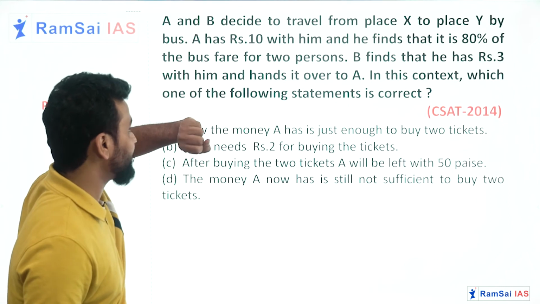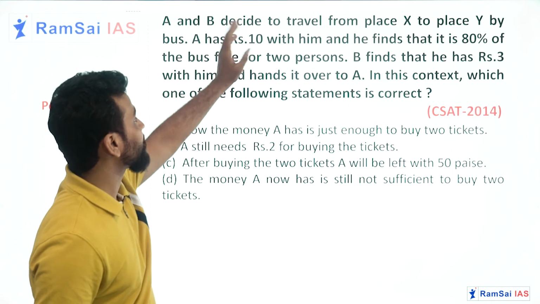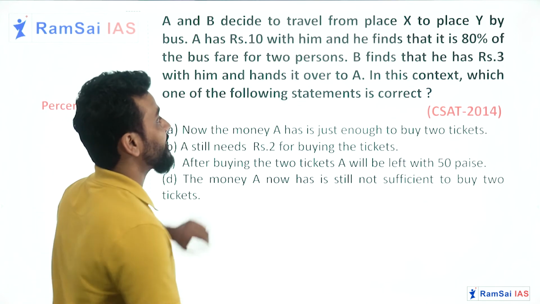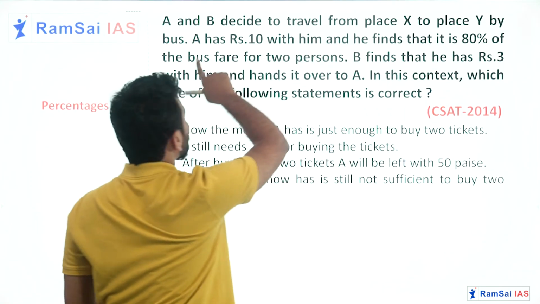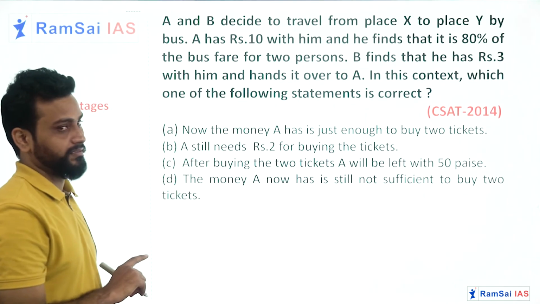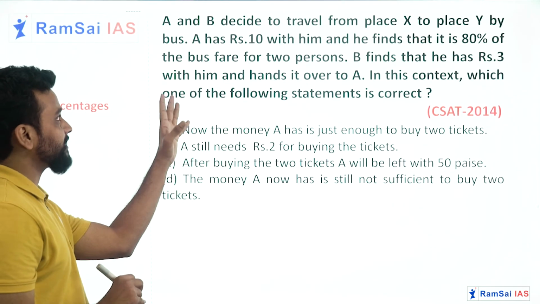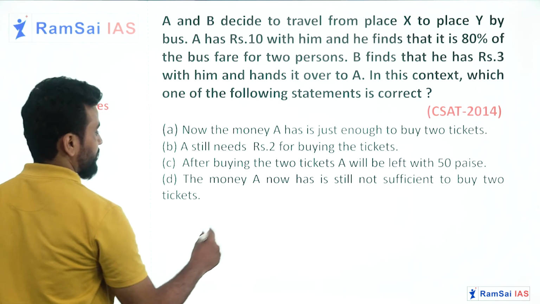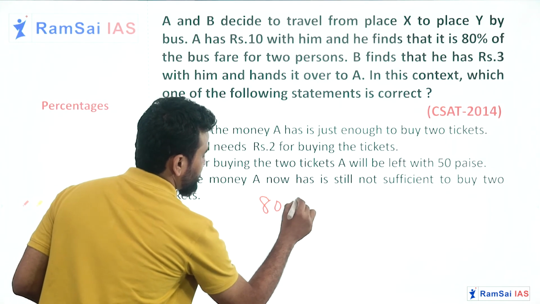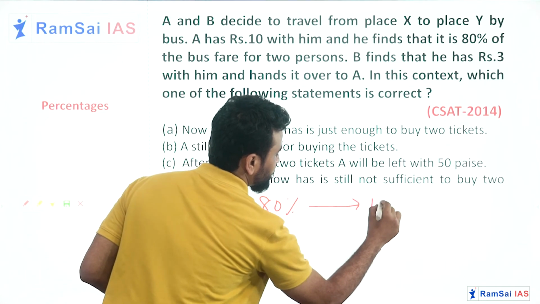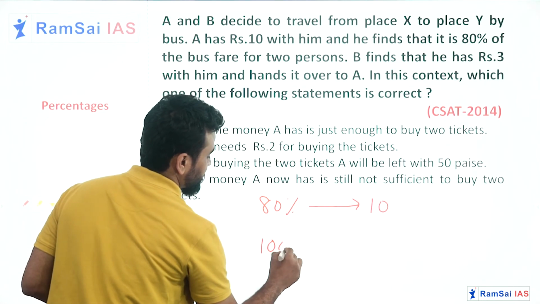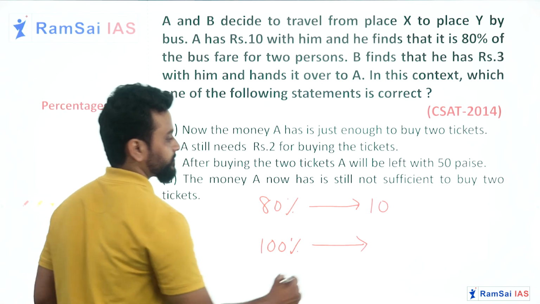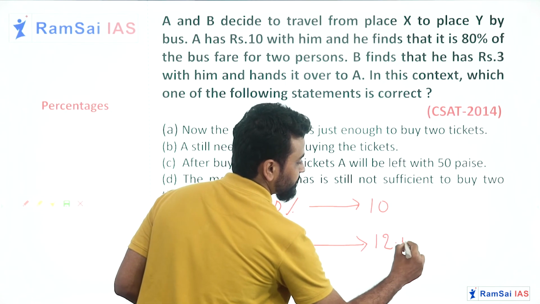Okay, let me observe the values and calculate them. A and B want to travel from X to Y and A has 10 rupees and he finds that 80% of the bus fare is 10 rupees. So 80% equal to 10 rupees. Then 100% will be how much? Is it 12.5?